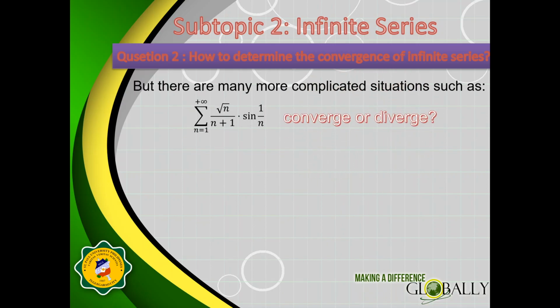Example 2 and example 3 are simple, I think. We can directly calculate the sum of the infinite series because it's simple, right? But what if the expression of the infinite series becomes complicated?